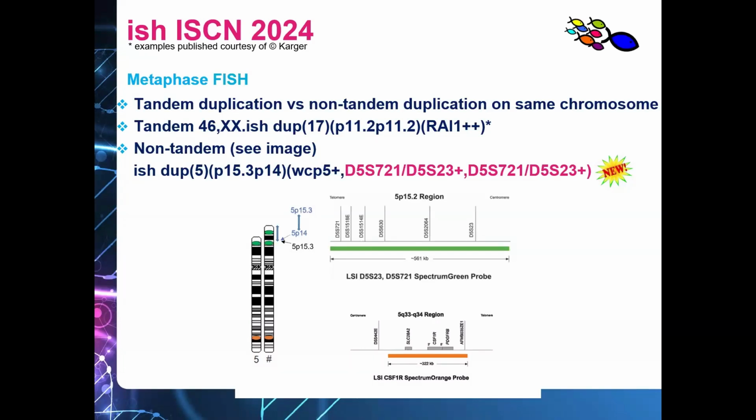That's because when you have a tandem duplication, which is this one here, with the duplication of 17, you can just put ++. However, if you've got a non-tandem duplication, such as in this image where you've got other euchromatin in between and you can see separation of the signals, then the ISCN wasn't very clear that that is a non-tandem. It came up again through an EQA case. So now we've put an example in where you have to actually specify the probe separately because it's non-tandem.